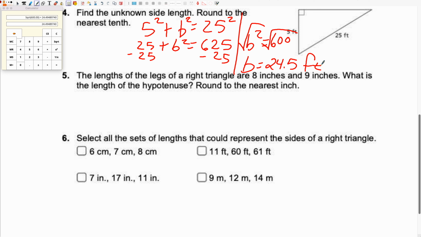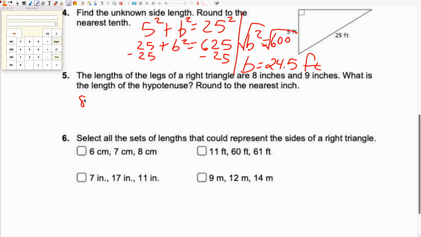All right. The lengths of the legs of a right triangle are 8 inches and 9 inches. What is the length of the hypotenuse? There we go. The lengths of the legs of a right triangle are 8 inches and 9 inches. What is the length of the hypotenuse?